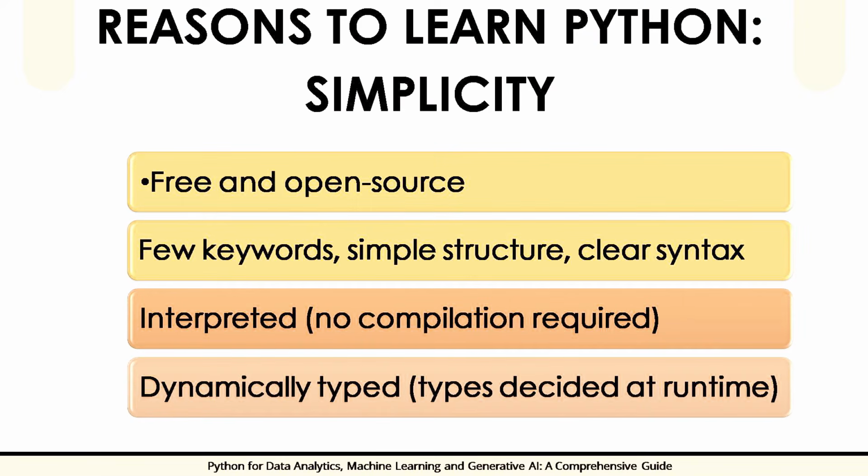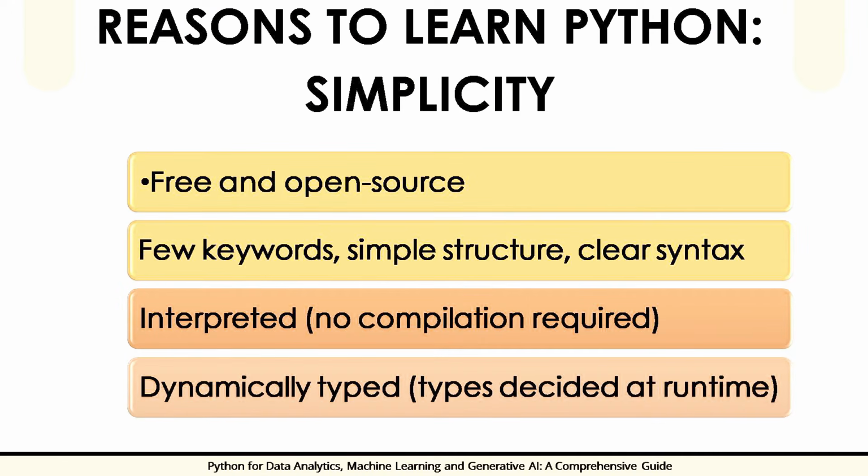One of the biggest reasons to learn Python is its simplicity. It is free and open source, which means anyone can download and use it without paying. The language itself has very few keywords, a simple structure, and a clear, easy to read syntax, making it perfect for beginners.